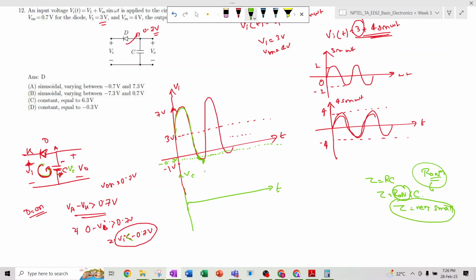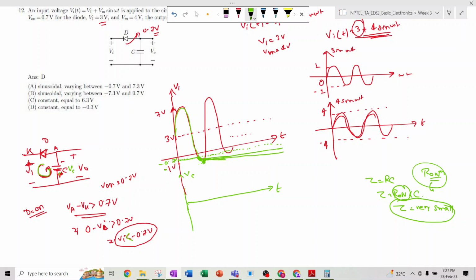So what happens, this Vc becomes 0.7 volt, and it charges till Vi becomes minus 1 volt. After this minus 1 volt, the diode turns off, and the voltage across the capacitor remains the same, right?